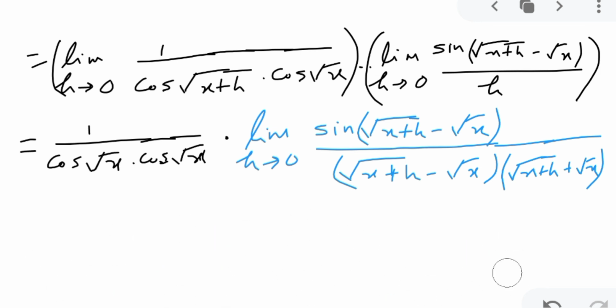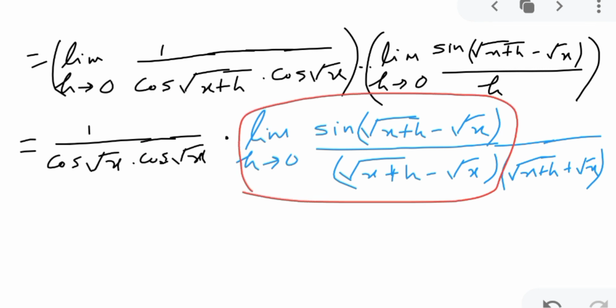Now if you observe and separate, this limit value will be 1. Correct? This limit value will be 1. Now you put h tends to 0 in this, then this value will be 1. I am writing directly; if you want you can write one more step.